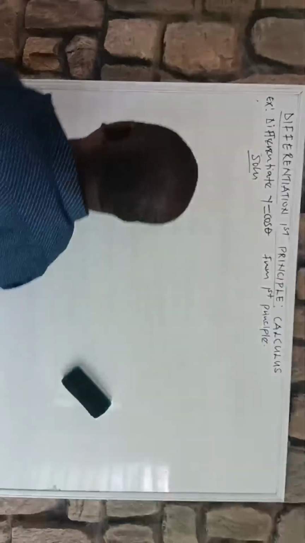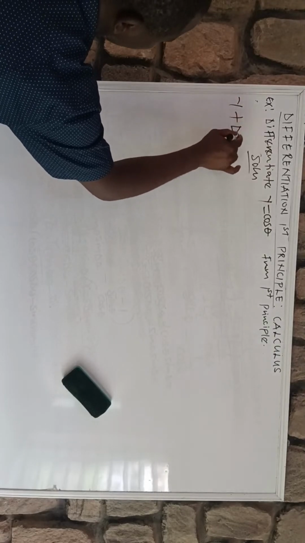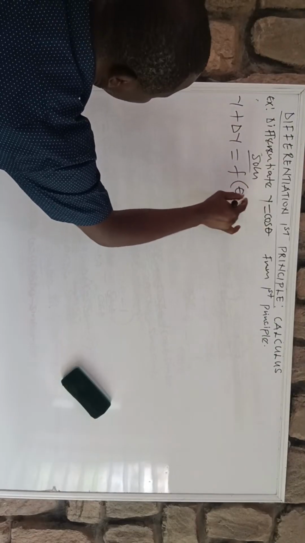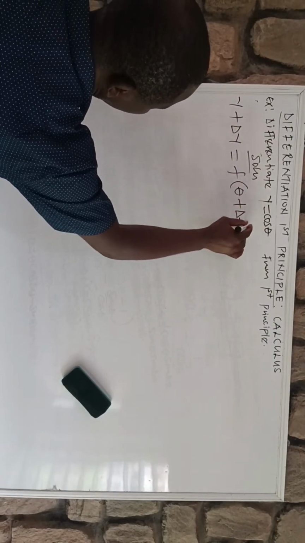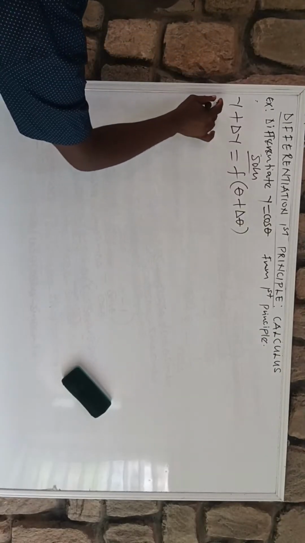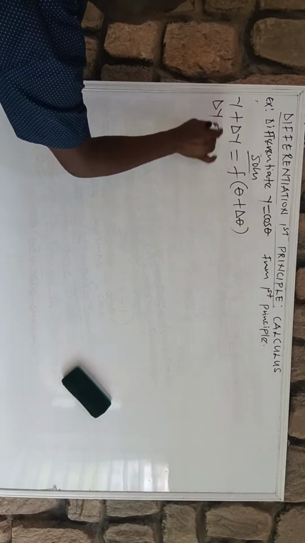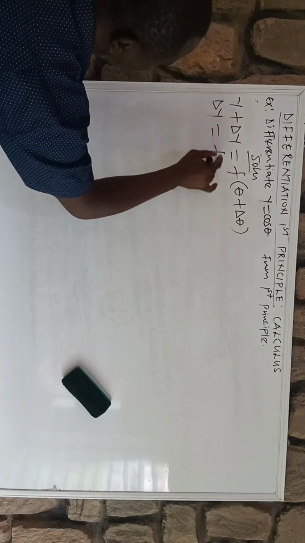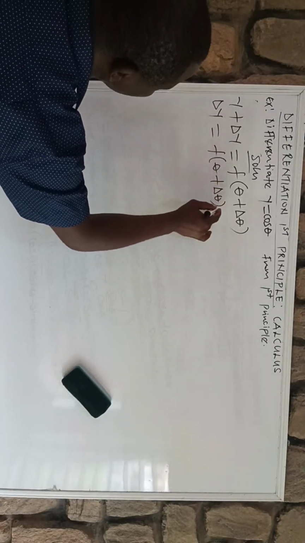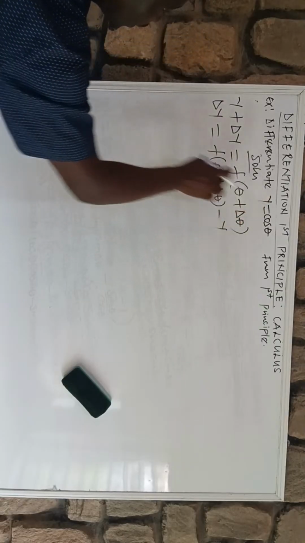So we all know our formula, y plus dy is equal to f of theta plus delta theta, because the independent variable is what? Theta. If you subtract y from both sides, our dy is equal to f of theta plus delta theta minus y.